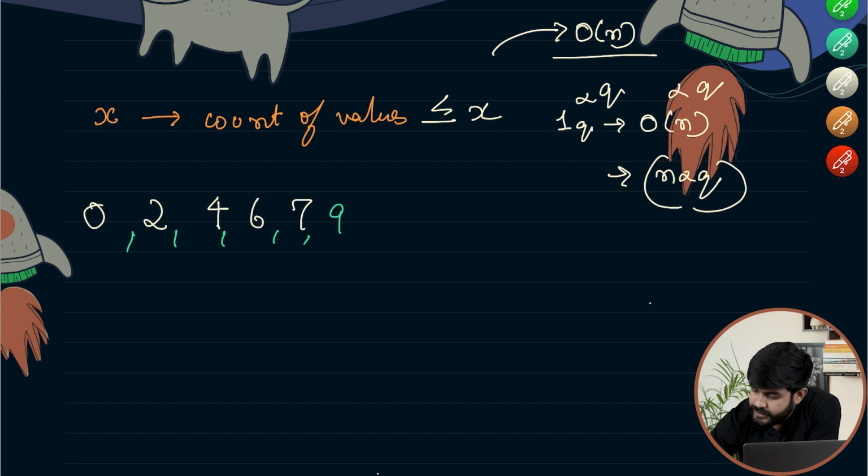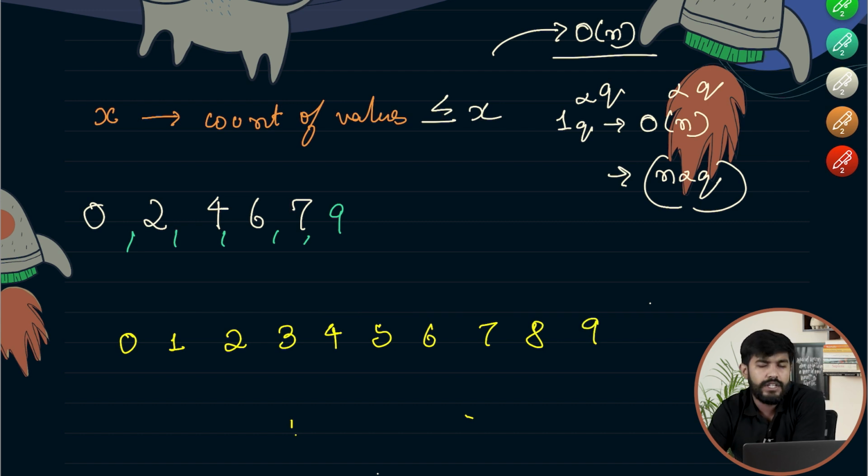So what I can do is, I can build out a prefix sum kind of thing for them. Where I would build out 0, 1, 2, 3, 4, 5, 6, 7, 8, 9.